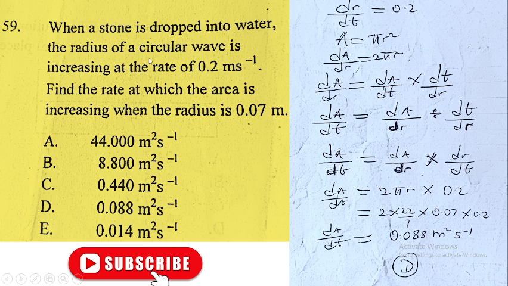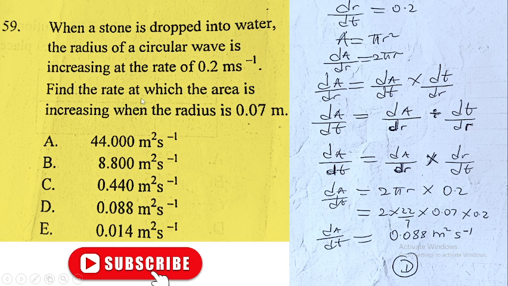The radius, dr/dt, is increasing. dr/dt is equal to 0.2. Find the rate at which the area is increasing when the radius is this. That will be dA/dt, where A is the area and r is the radius.